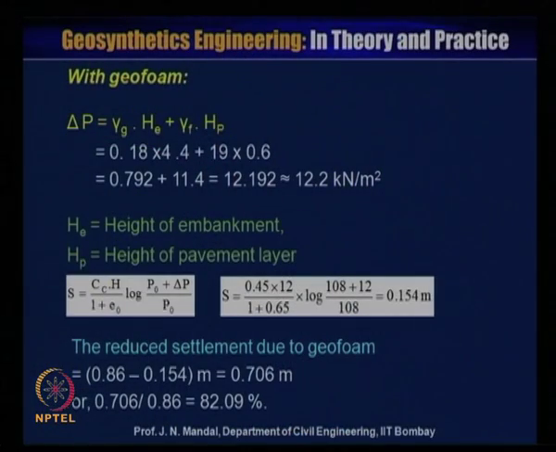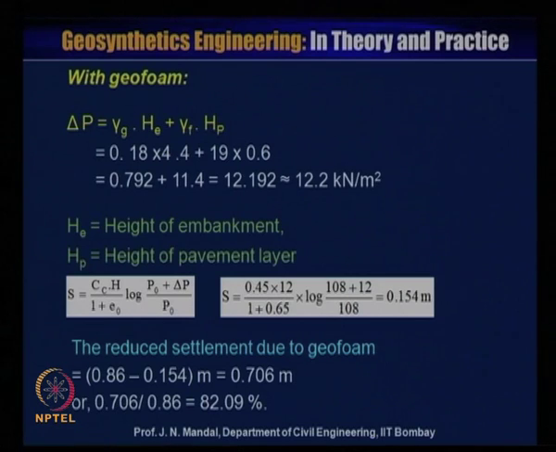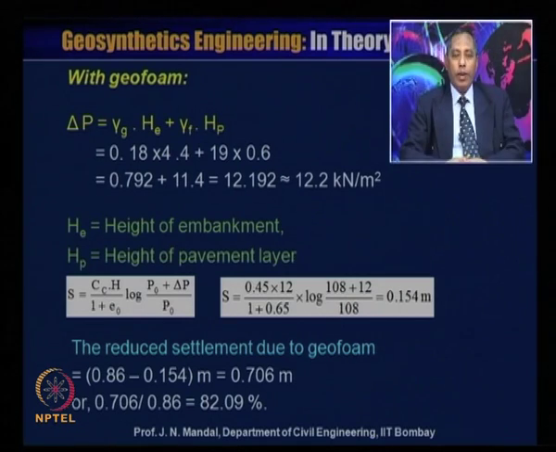Now with geofoam we have to calculate what is delta P. So delta P is equal to gamma G into He plus gamma P into Hp. So here the density or unit weight of the geofoam is 0.18 and He is 4.4.